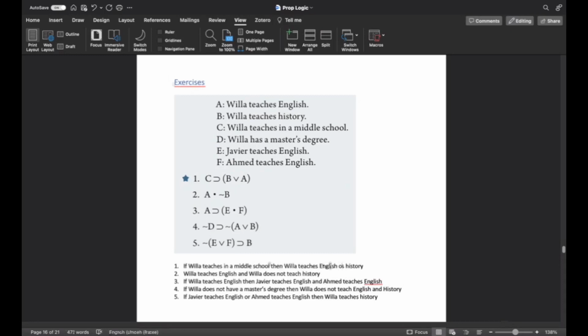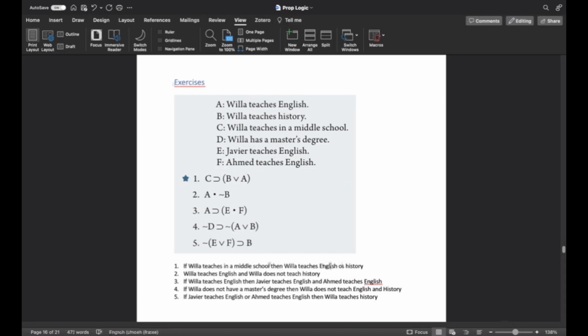So, Willa teaches English, and the tilde is a negation, so Willa does not teach history. So Willa teaches English, and Willa does not teach history. Right. And then number 3 is back to Willa teaching English.